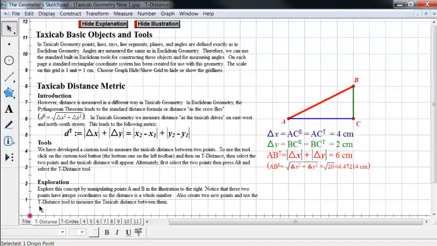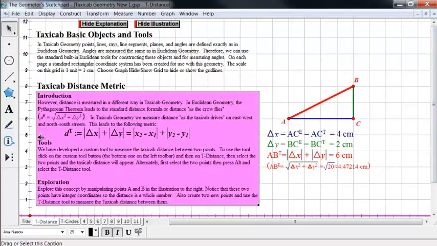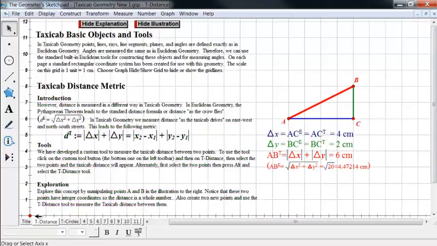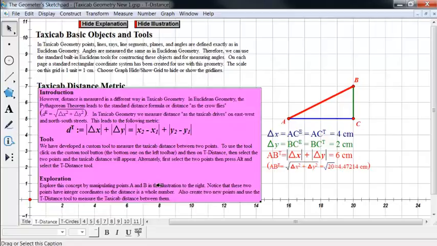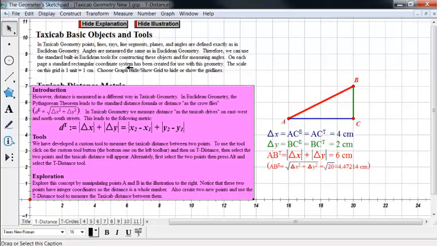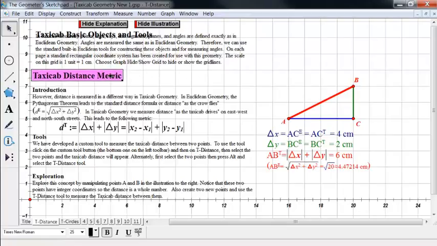Down here we have an x-axis, let me move this up just a little bit, and a y-axis. I think I have this set on snap points at the moment, so it's going to have integer coordinates.